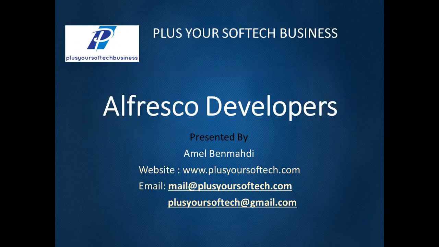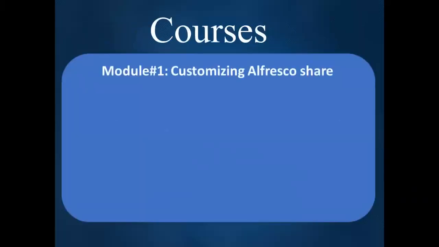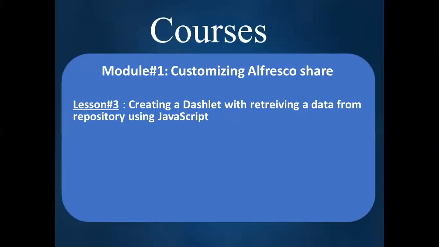In this tutorial, today I will share with you lesson number 3 of this module in the Alfresco Developers section. This lesson will be about creating a dashlet with retrieving data from a repository using JavaScript.